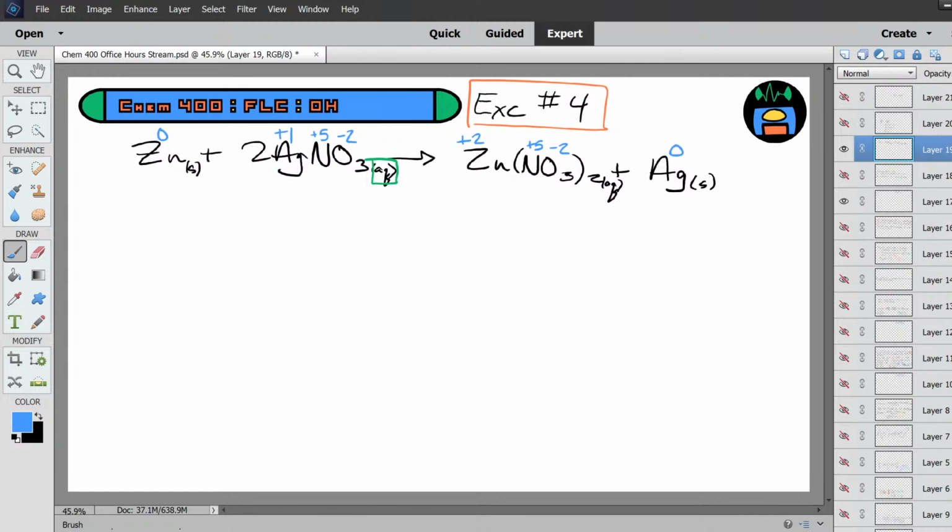So here are our oxidation states. To determine the substance that is oxidized and the substance that is reduced, we need to see which oxidation states are changing. And the two that jump out at me are zinc and silver.